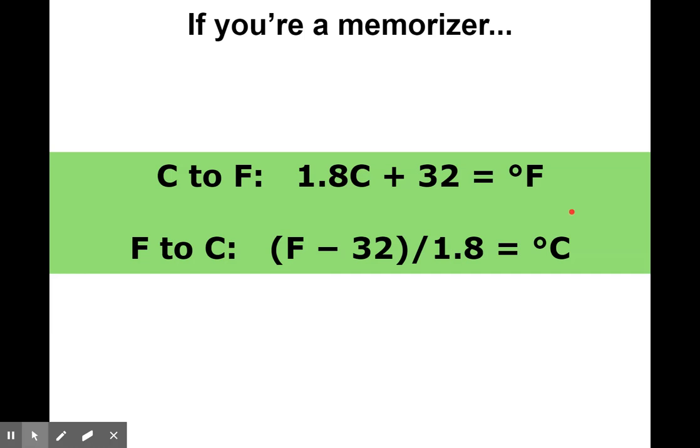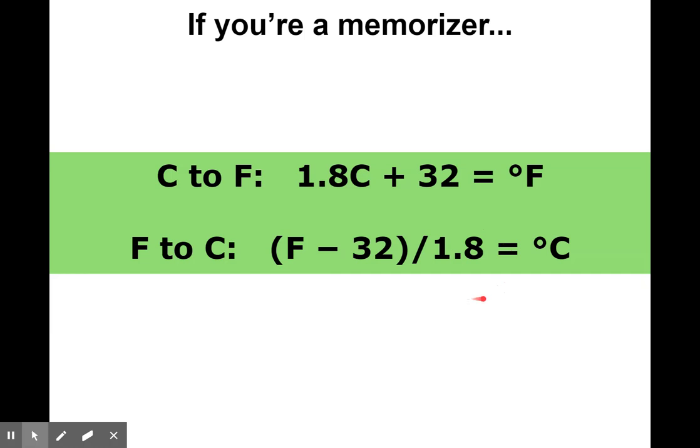That's not going to be incorrect in your answer. I want to also point out that this equation and this equation are exactly the same equation. They're just rearranged so that either Fahrenheit or Celsius is on one side, depending on what you want to find. Either of these would work if you just plug and chug. You just plug in what you know from the problem and figure it out.